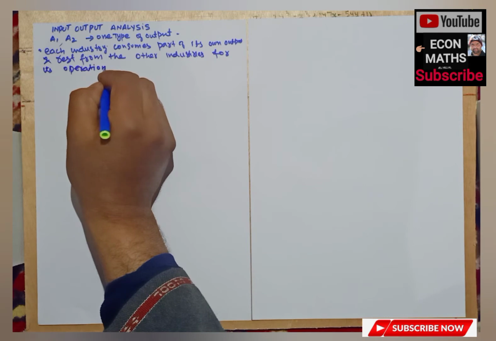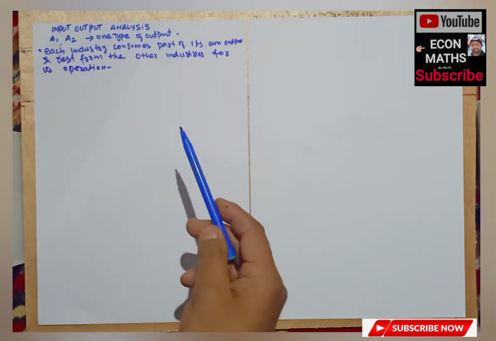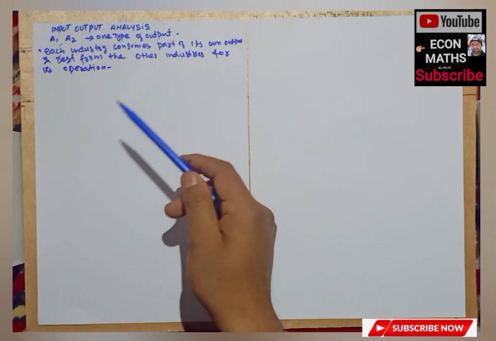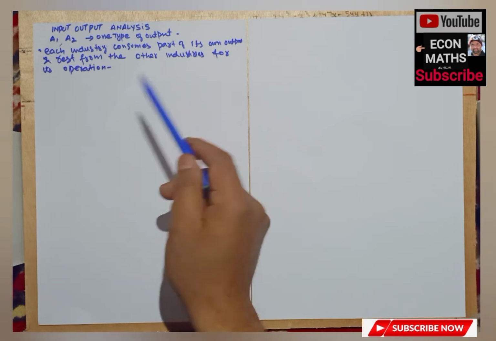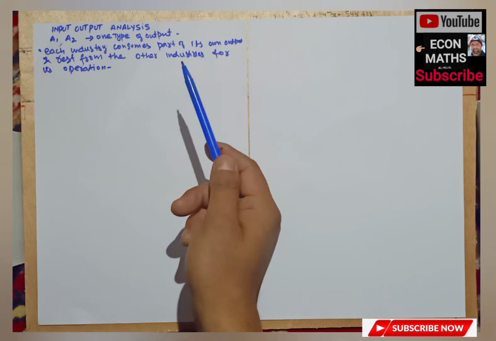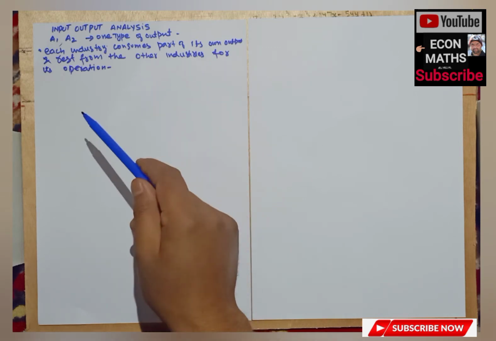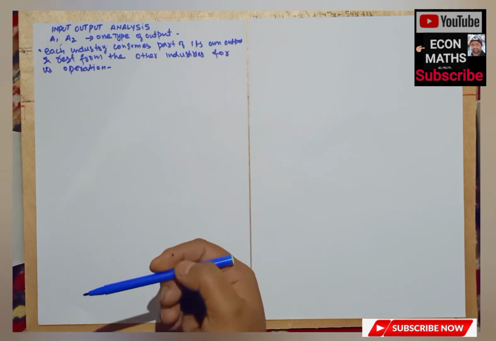What does this mean? That each industry consumes some part of its own output, and the rest from other industries also. It takes the output of other industries as the input for its own operation.